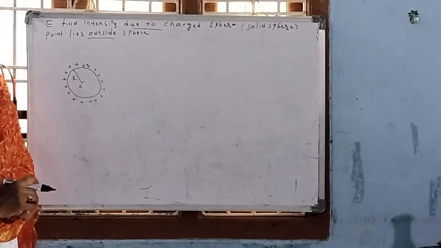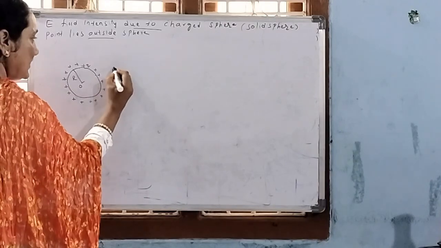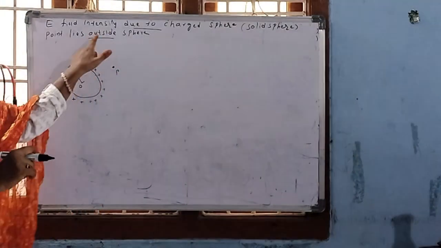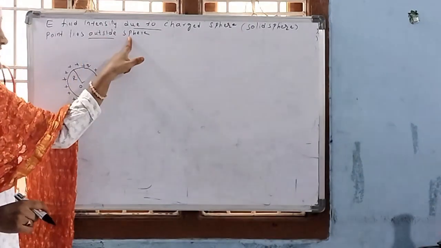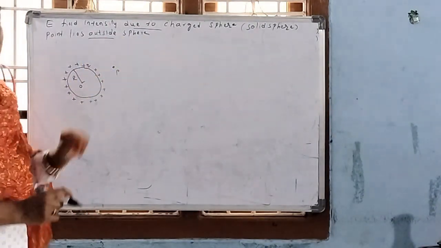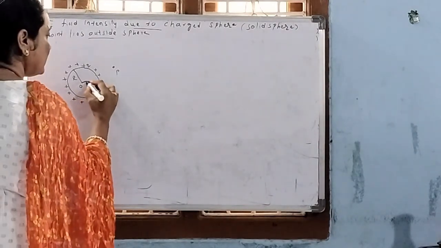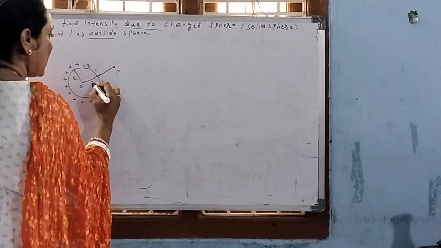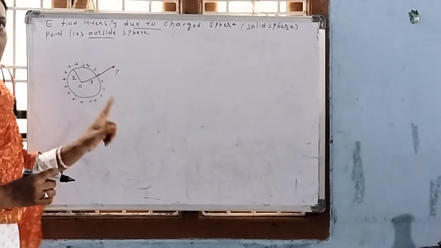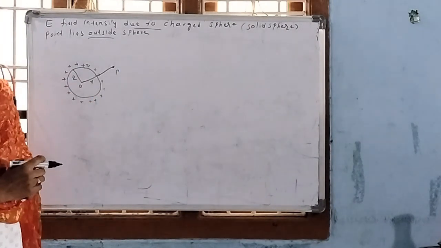Now, first, let us consider a point P outside the sphere. This point P is at a distance r from the center of the sphere.